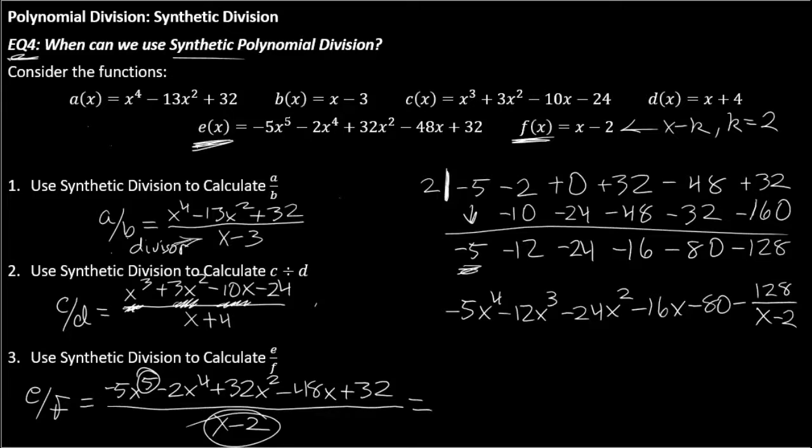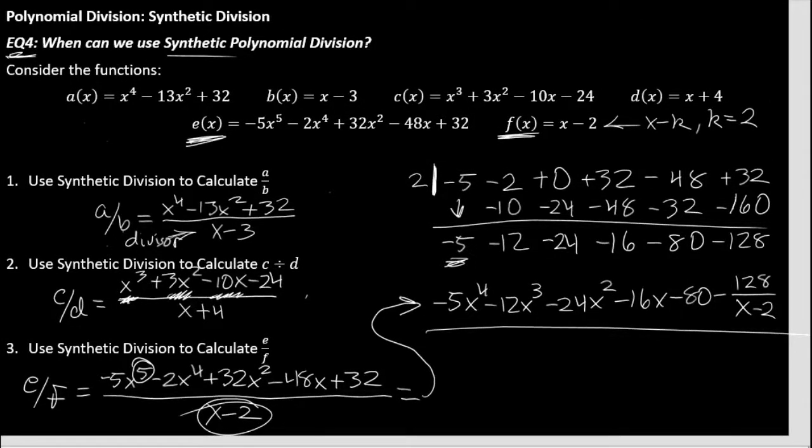So all of this, e of x divided by f of x, gives us a quotient of negative 5x to the 4th minus 12x cubed minus 24x squared, and so on.